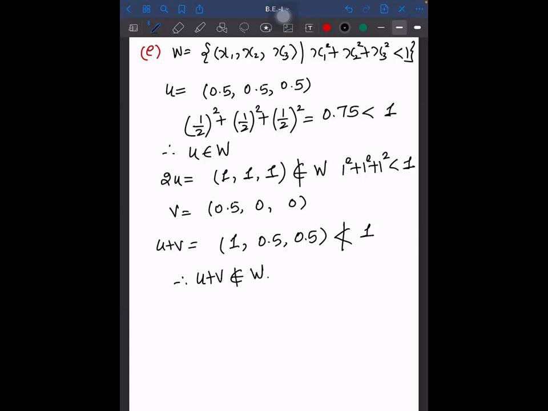Now, what happens if I change the condition to x1 plus x2 plus x3 greater than or equal to 0? Will this be a subspace or not? Sir, it may or may not. See, either it will form a subspace or it will not.